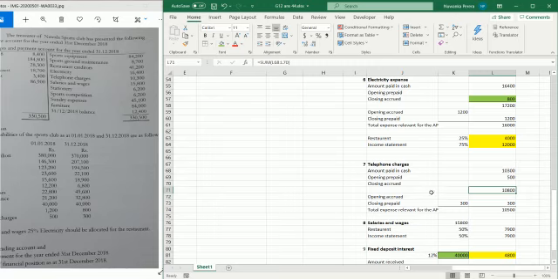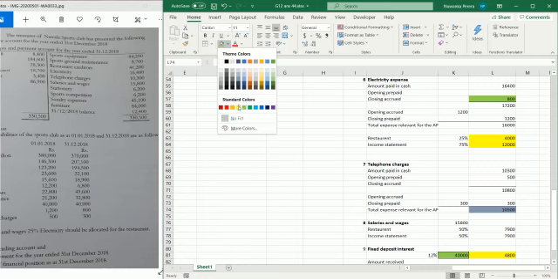From this you have to deduct opening accrued and closing prepaid. Opening accrued is not given, so you have to deduct only closing prepaid, and it has given you 10,500, and this is considered as the total telephone charges relevant for the year 2018. So this has to be recorded in the income statement.